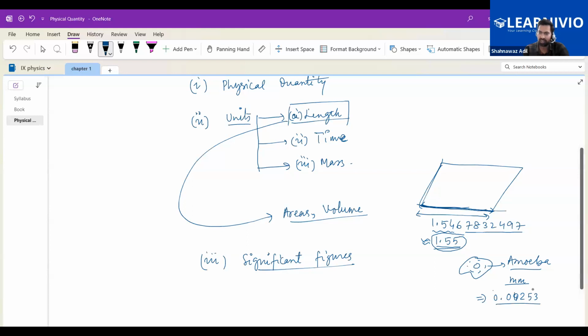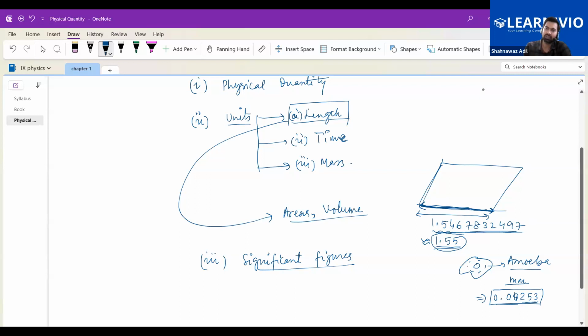So this much measurement I require, right? To represent the size of the animal. So for different kinds of measurement, we require different kinds of significant figures, right? Because these details are important for the measurement of the animal. So that is why we require a very fine measurement of the amoeba. For this table measurement, we don't require this many significant figures, right?